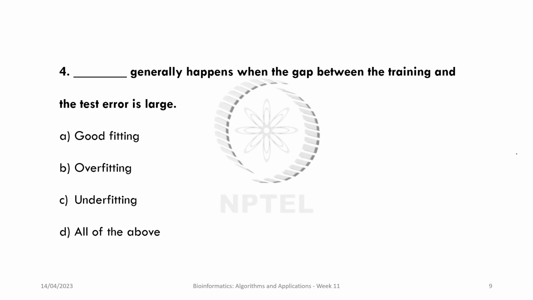Great. So question 4, dash generally happens when the gap between the training and the test error is large. Option A, good fitting. B, overfitting. C, underfitting. And D, all of the above.